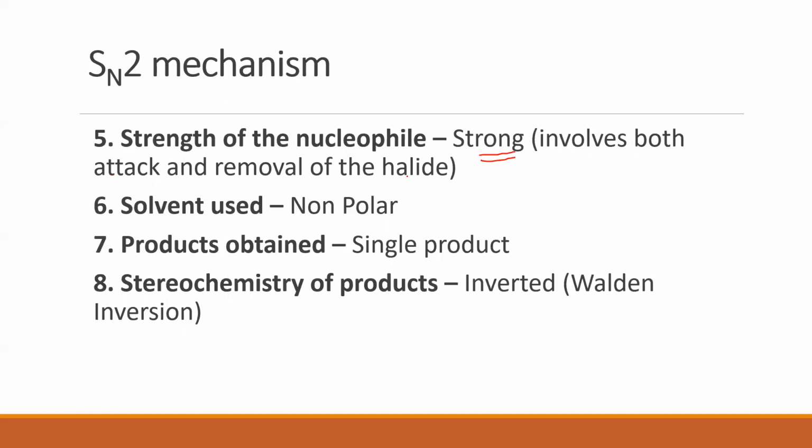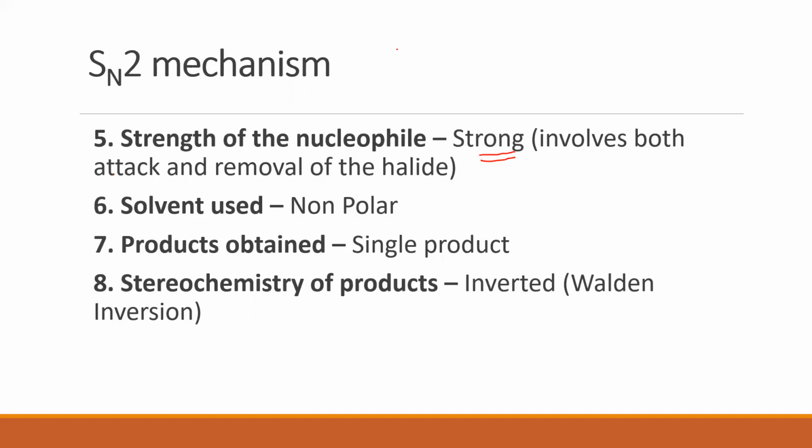And we just said in the transition state, there is a fight going on between the nucleophile and the halogen. And who will win? The one who is stronger will win. If the nucleophile has to be substituted in place of the halogen, it has to be stronger than the halogen that is already there. So the nucleophile should be strong.